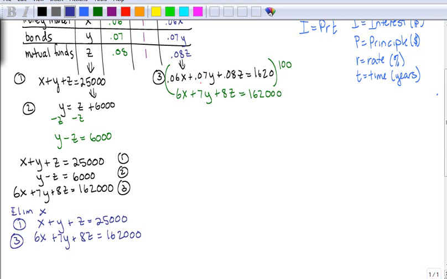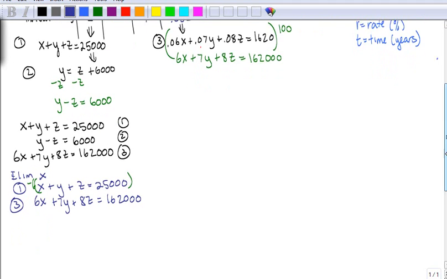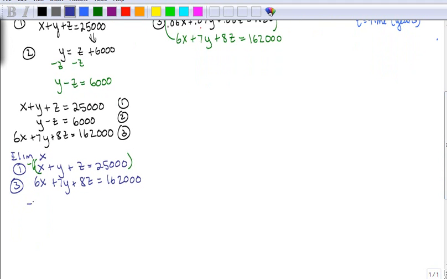To eliminate x, I know I have to multiply the first equation by a negative 6. Multiply both sides by a negative 6. And what I'll end up with is, for the first one, distributive property, negative 6x minus 6y minus 6z equals negative 150,000.